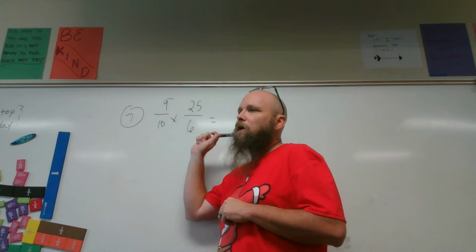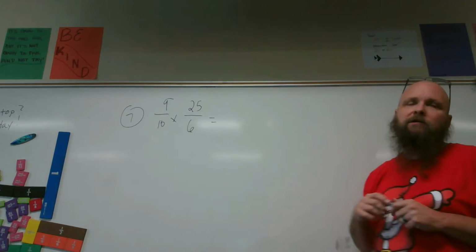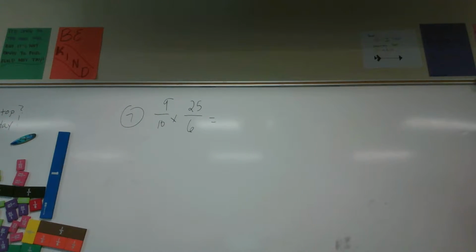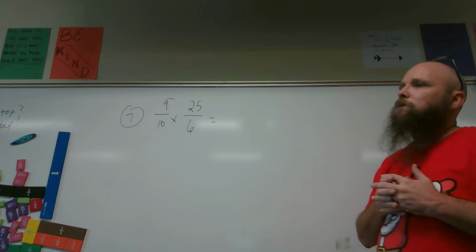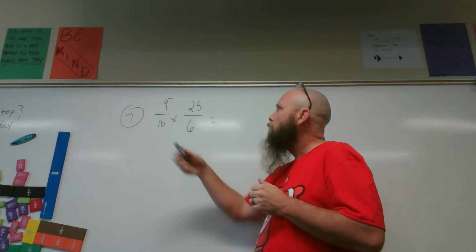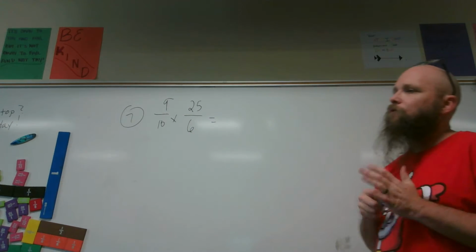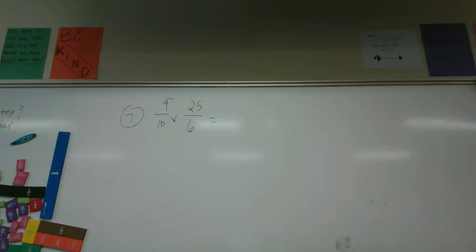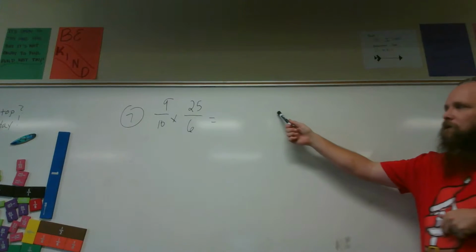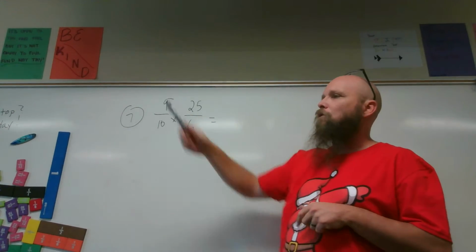When multiplying fractions, we go straight across. So, Kayla, we're going to multiply our numerator times our numerator. So 9 multiplied by 25. Think of quarters. 25 cents in 1 quarter. If you have 9 quarters, how much do you have?